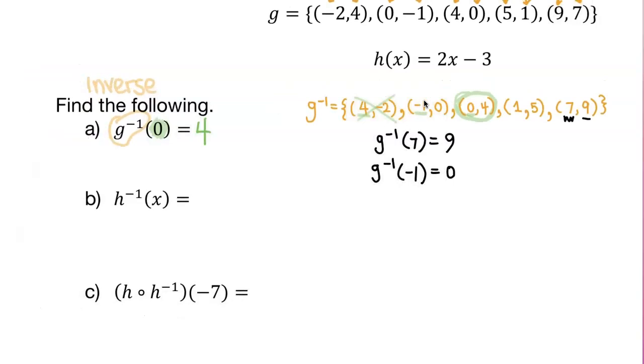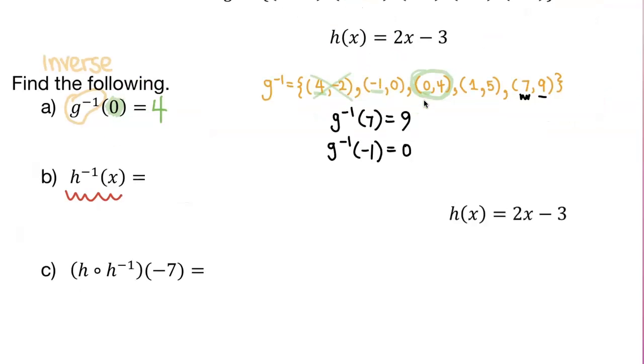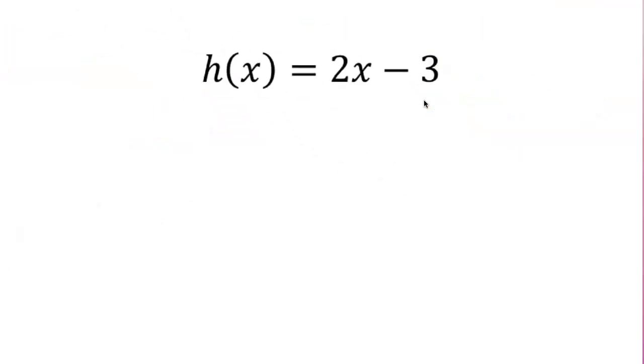Okay. Now the next one, it says go ahead and write the inverse of h of x. So I'll do that probably over here. I'll copy this function and I'll do the inverse work down here. So if you want to write an inverse function, you switch the function name into y, because now we want to switch the x and y. We're going to write the x and y replaced by the other letter.